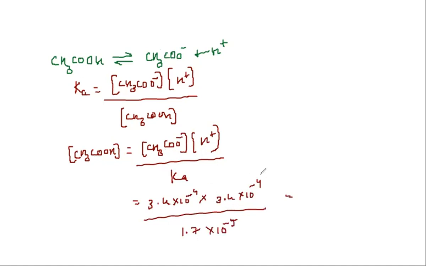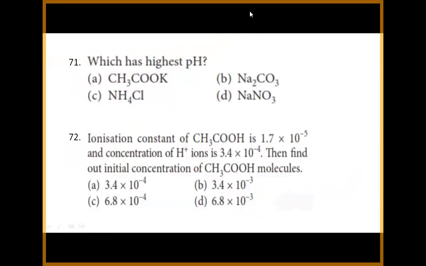Solve this out: 17 ones are 17, 2 times 3.4 gives 6.8. You will get 6.8 into 10 raised to minus 3 as the answer. Direct question. What is the correct option? 6.8 into 10 raised to minus 3.